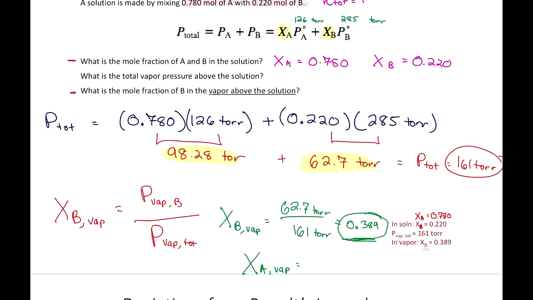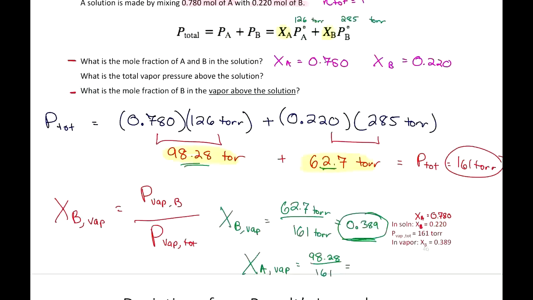Yeah, it's 1 minus that number, but if we wanted to calculate it, how would we calculate it? It would be 98.28 divided by 161, and we would get just the remaining amount there, all right? So we're inspecting those vapors that are present, using the vapor pressures from Raoult's law.